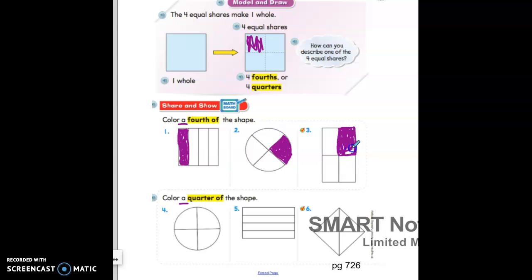You can choose any of the 4 parts of this shape to color in. For numbers 4, 5, and 6, they ask for the same thing, but again, they are asking for a quarter, which means the same thing as a fourth. Choose a quarter of the shape to color in.